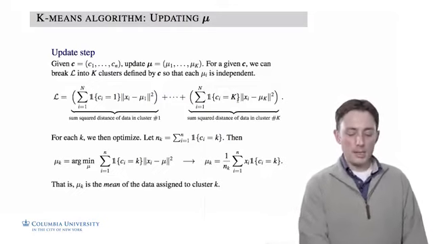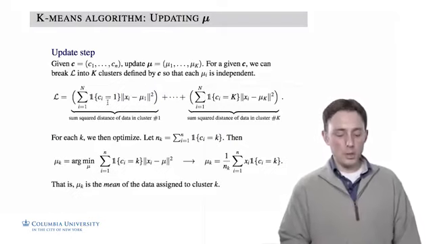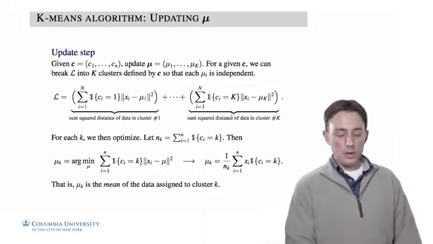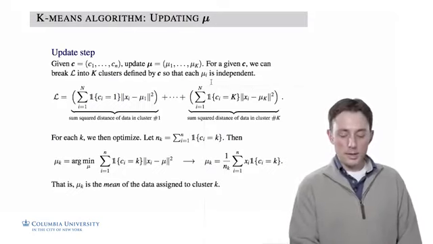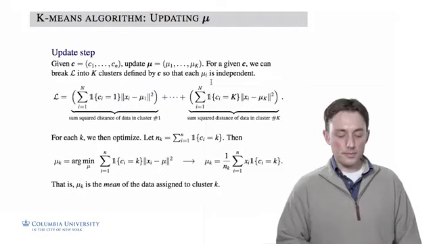So we want to minimize this thing over all values of mu. And using exactly the same argument as before, notice that updating this for mu1 is separate and independent from whatever the other values of mu are.